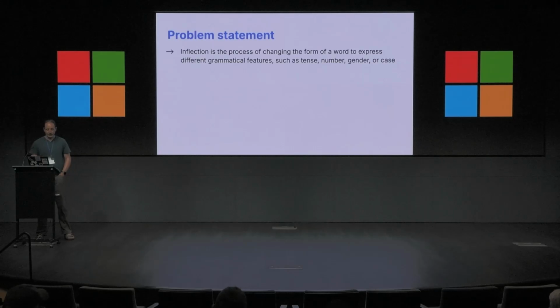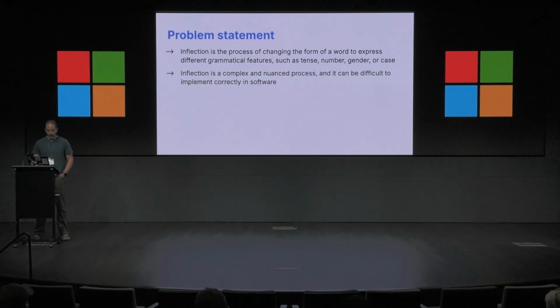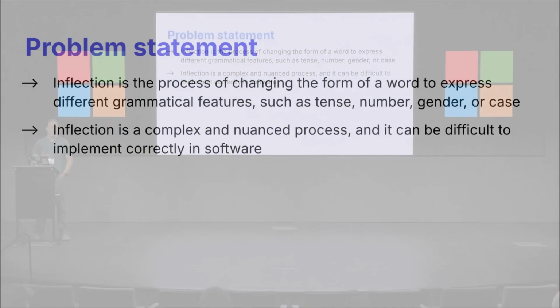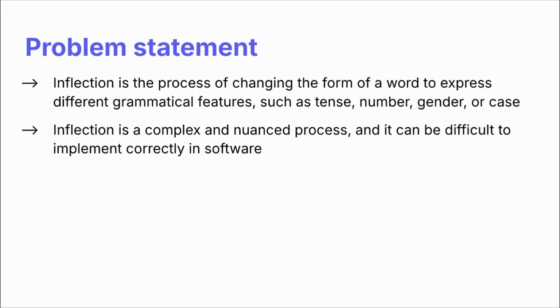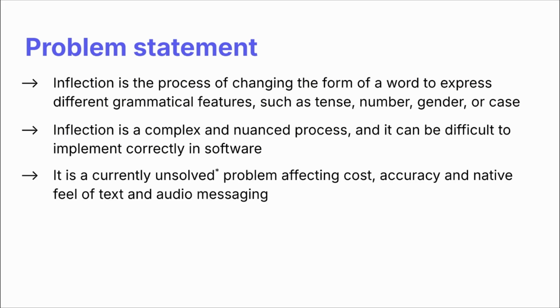So the problem statement is, inflection is the process of changing the form of a word to express different grammatical features like tense, number, gender or case. It's complex, it's language specific, there are nuances, and it's really hard to program. It's currently unsolved.